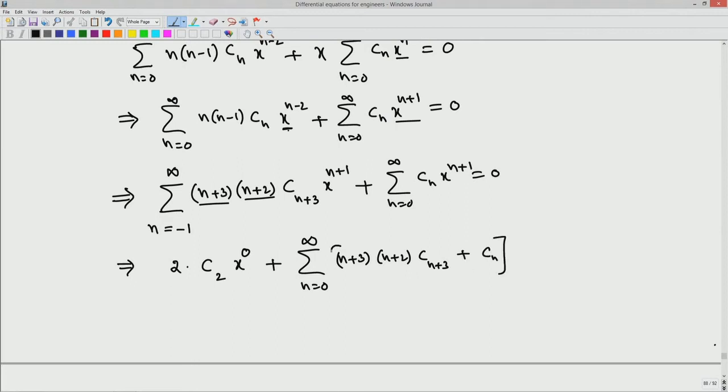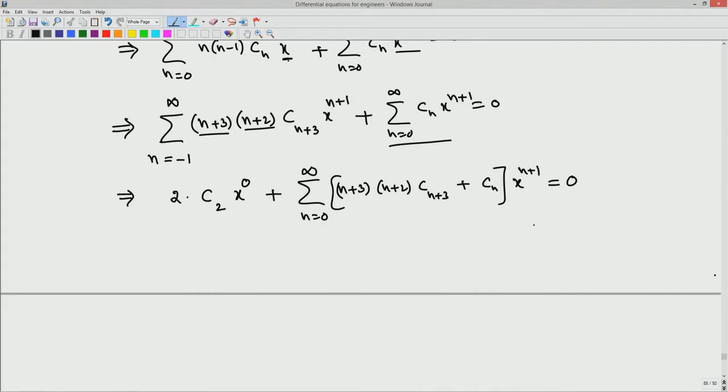I am combining with other power series into x power n plus 1 equal to 0. Because they are uniformly convergent, two power series also converge, you can combine them, you can add and subtract, okay. So, this is what you have. This is the power series.